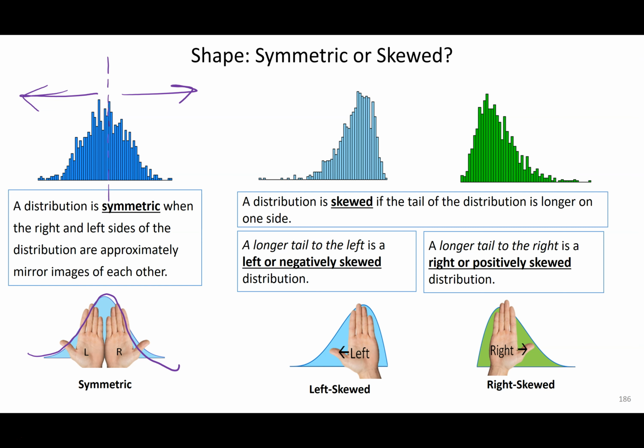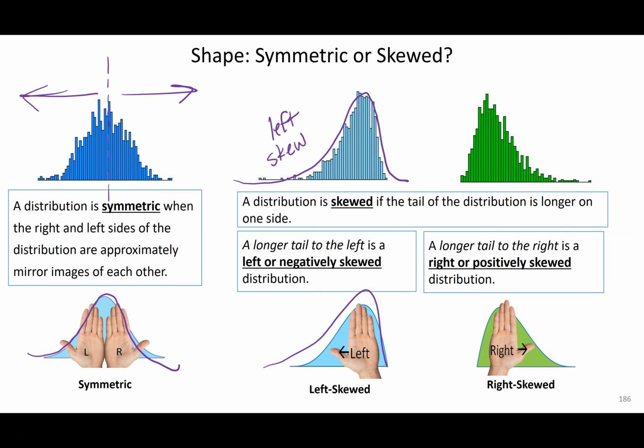Skewed, that's when you start having this tail. It's almost like somebody pushed it over a little bit, you know? So you have a left tail, so this is left skewed. If you're holding your left hand in front of you and pretend that your left thumb is the tail, that would go with left skewed. Similarly, if you put your right hand in front of you and pretend that your thumb is a long right tail, that would be right skewed.